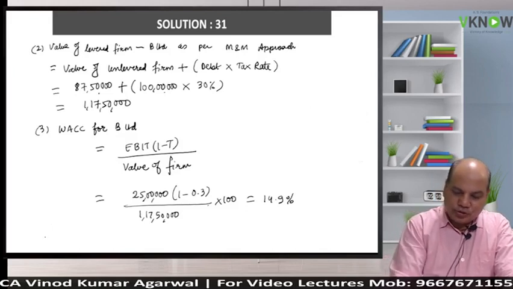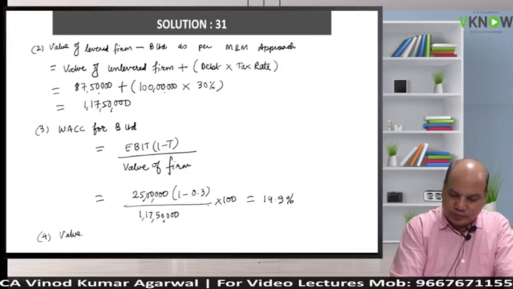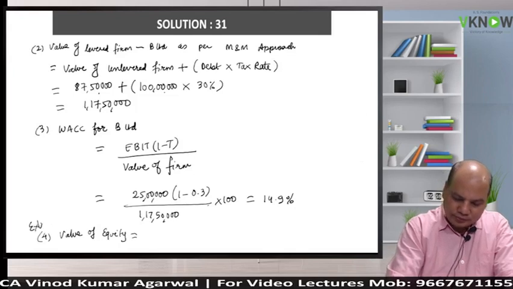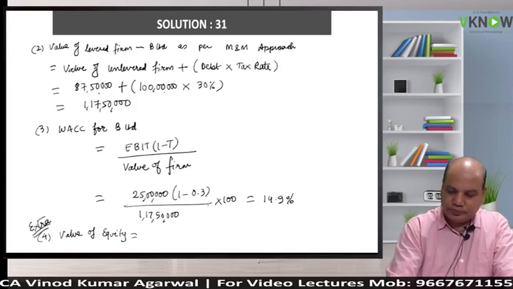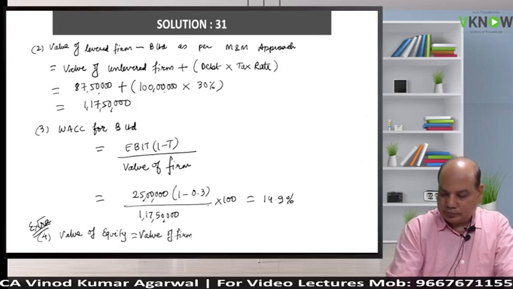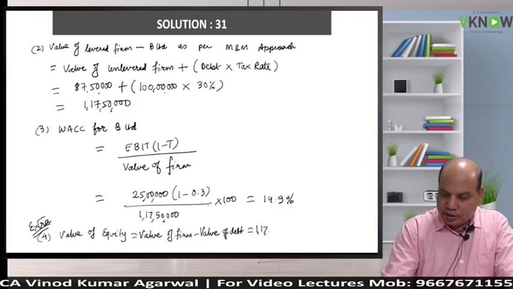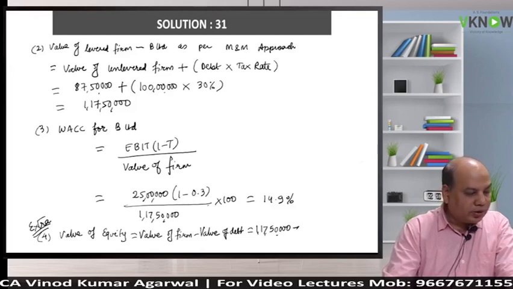They have not asked you, but if they ask you value of equity, then what will you do? This is extra. Value of firm minus value of debt. So 1 crore 17 lakh 50,000 and debt is how much? 100 lakh.